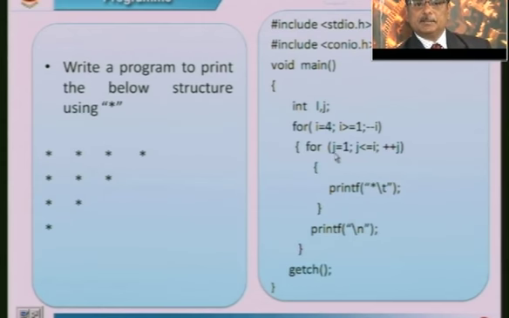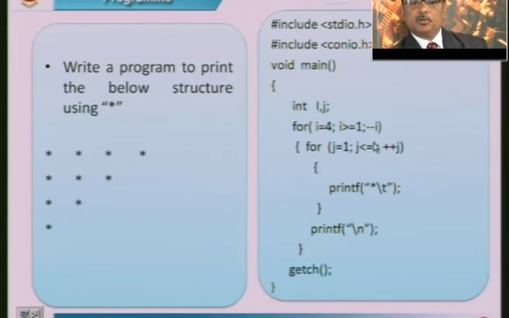First time, because j is less than or equal to i and the i value is 4, 4 stars will be printed. After the 4 stars, the control goes back, i becomes 3 and 3 stars will be printed because j goes from 1 to 3, and this process repeats 3 times, next 2 times, next 1 time.